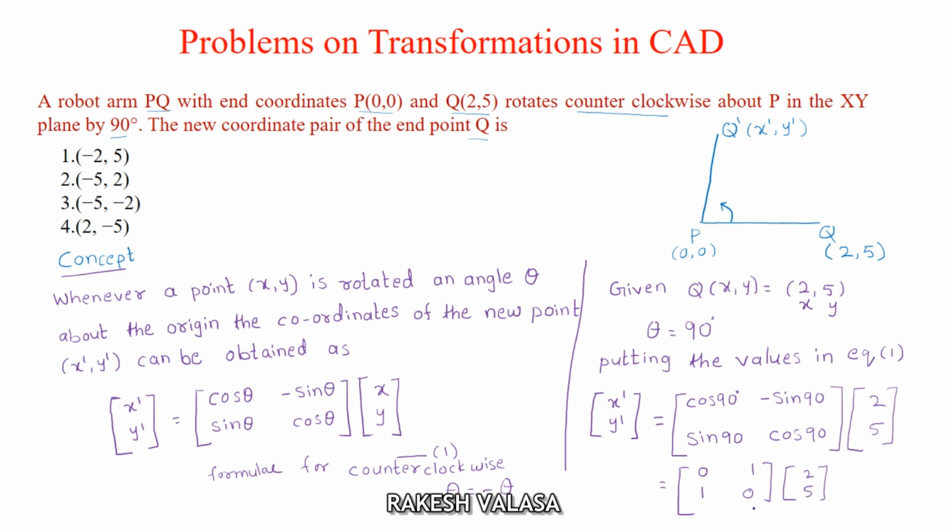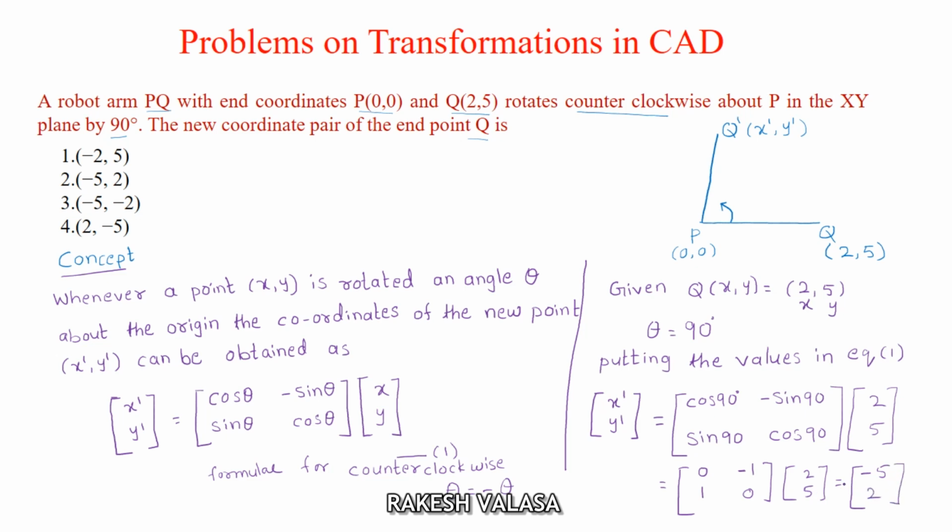Okay, now multiply these two matrices. We can get 0 into 2 is 0 plus minus 1 into 5 is minus 5. Then the second row, 1 into 2 is 2 plus 0 into 5 is 0, so this value is 2.